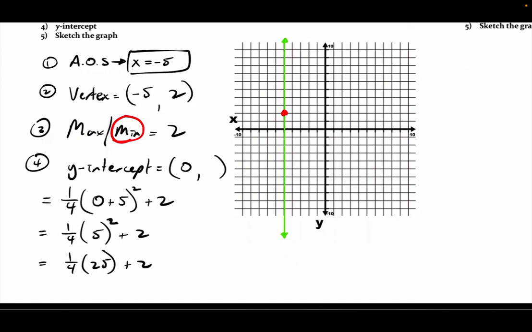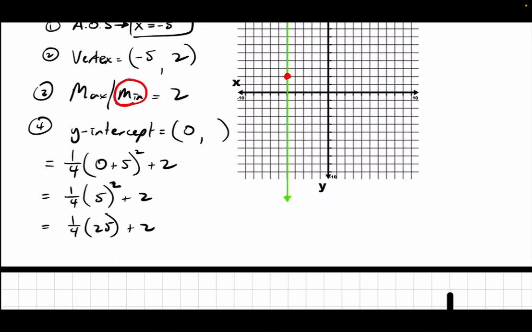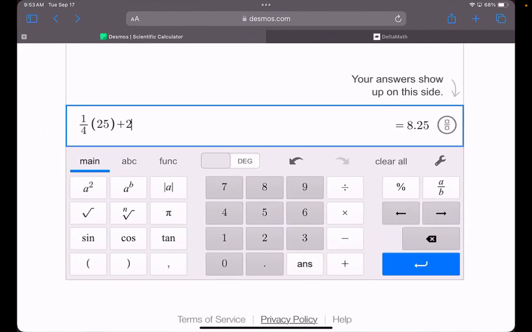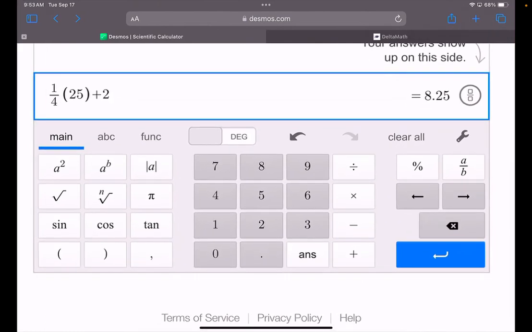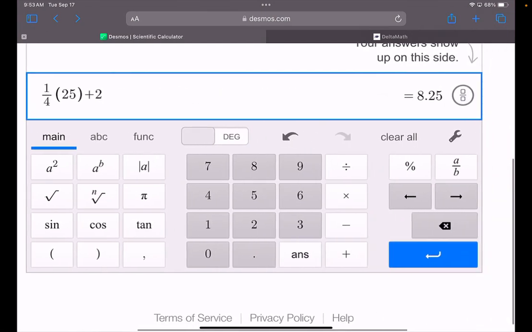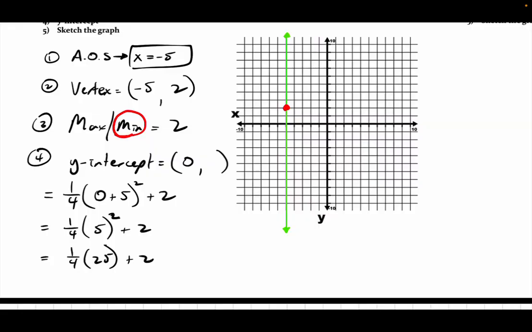Well, now I have to multiply times a fraction. Well, that's what your calculators are for. So I'm going to go to my calculator, and I'm going to plug that in to see what answer I get. 8.25. So 8 1/4. That's my y-intercept.